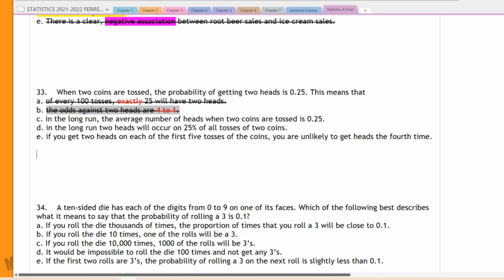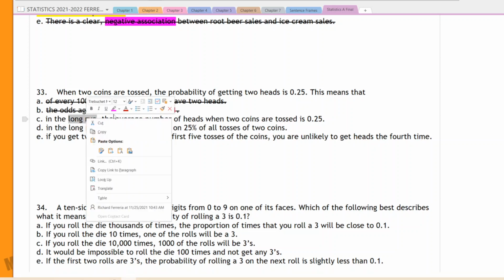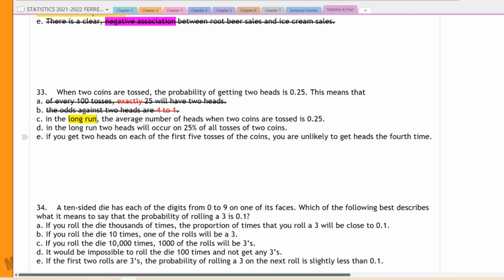Okay, so letter C: in the long run, the average number of heads when two coins are tossed is 0.25. So this says long run, and I love that because that's exactly what we're talking about here, the long run. This also says average number. It doesn't give you the exact number. So that's pretty good. I'm going to leave that in there for now.